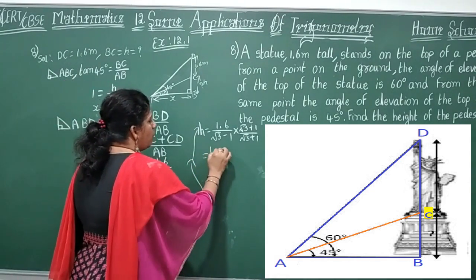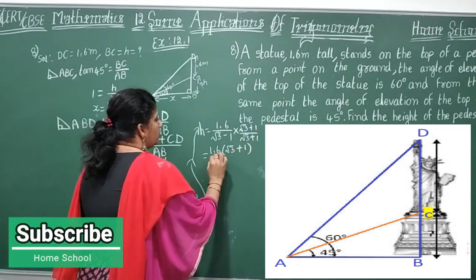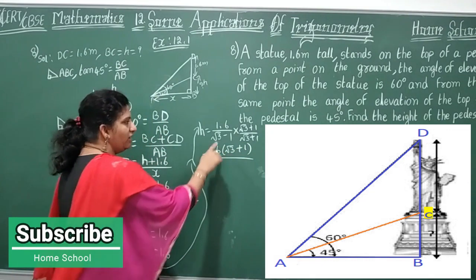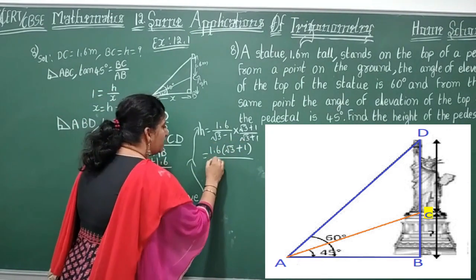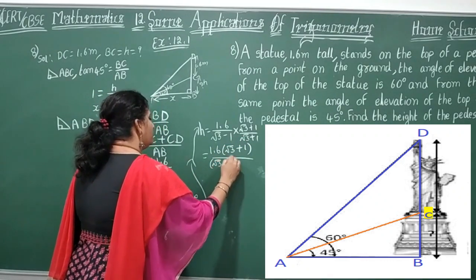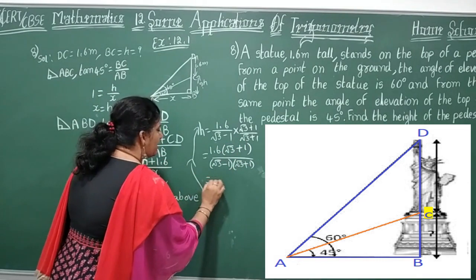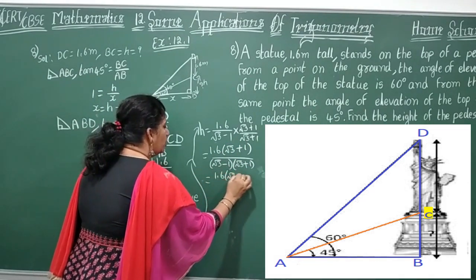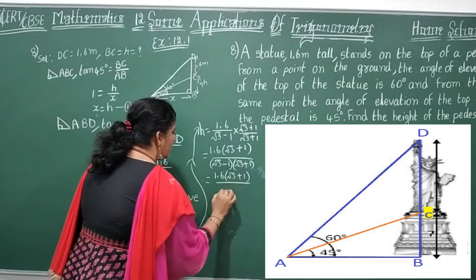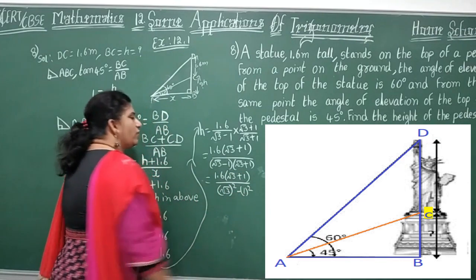Now 1.6 into root 3 plus 1 by, it is in which form? A minus B into A plus B, right? 1.6 into root 3 plus 1 by A square minus B square.